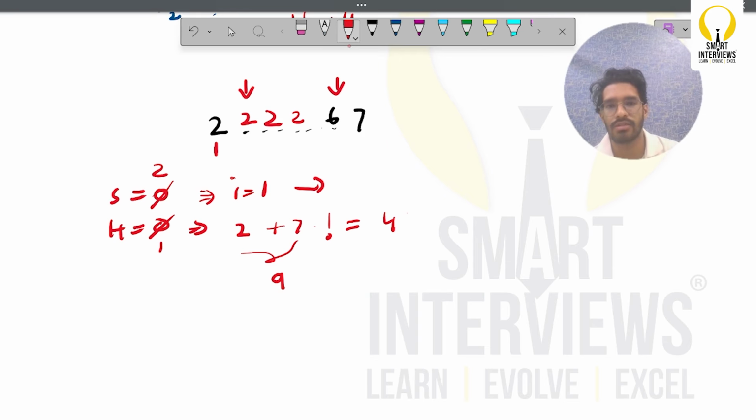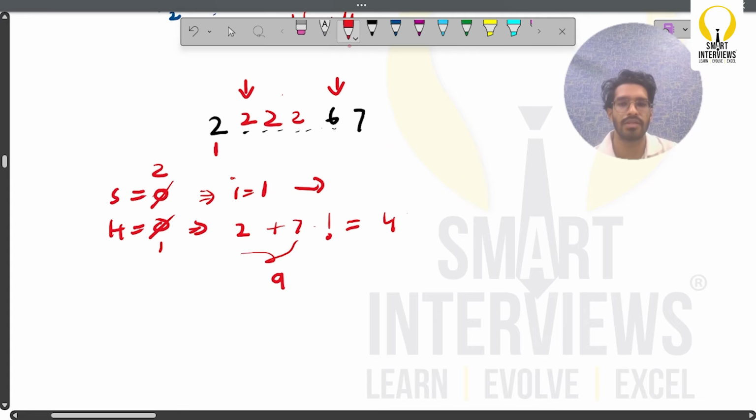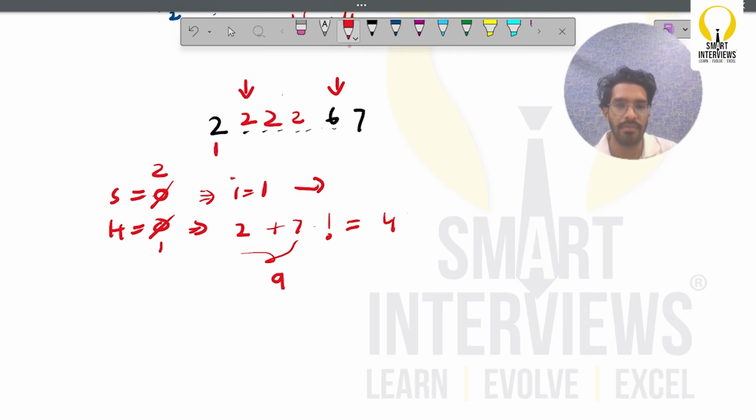We are doing this because we are making sure that even if there are duplicates like this, even if there is some other value, doubling the previous sum will never end up having the same value as adding the current A of I value to the previous sum.